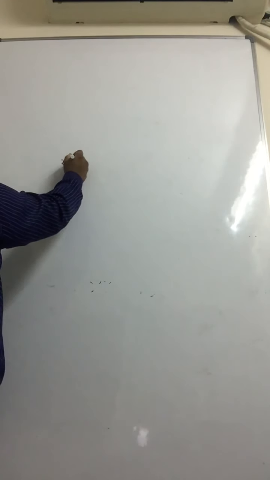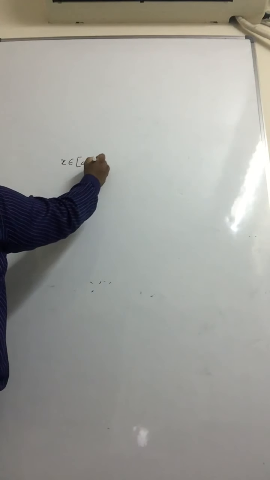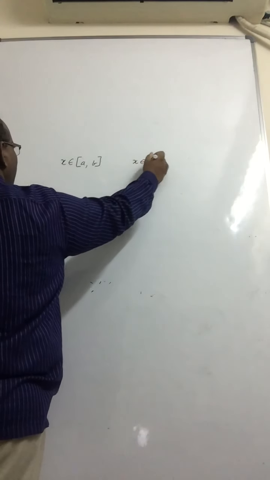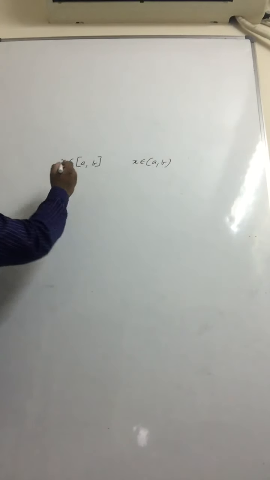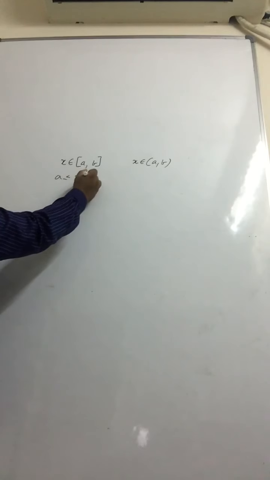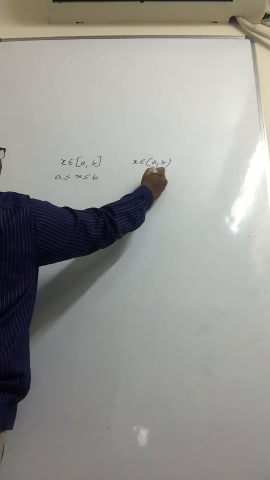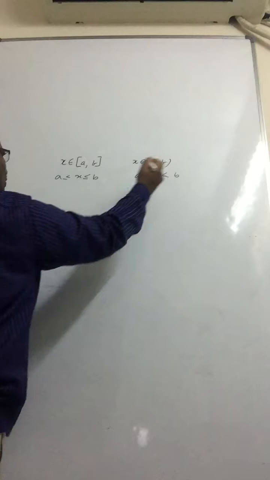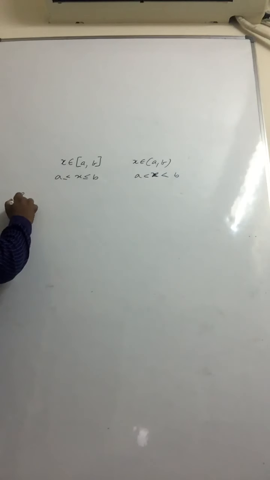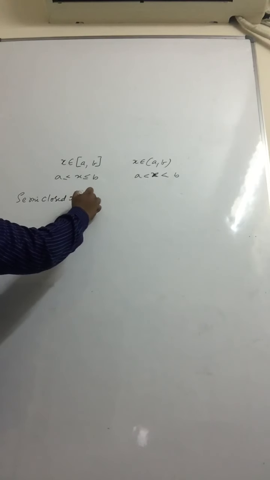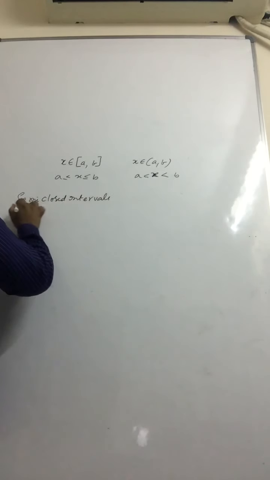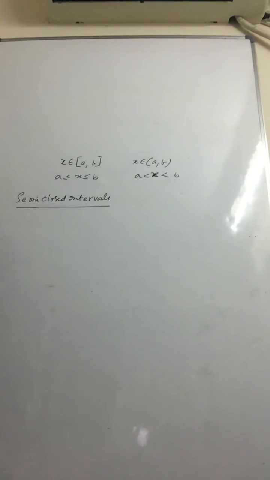Till now I discussed two different kinds of intervals. This is known as a closed interval, this is an open interval. Here X lies between A and B. Here X lies between A and B, excluding the boundaries. The third kind is semi-closed intervals. Semi-closed means one side closed, one side not closed.